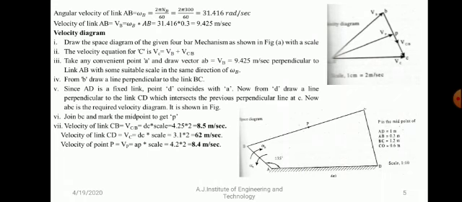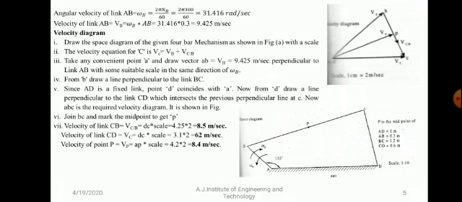From D, you draw a line perpendicular to link CD, that is nothing but VD. The perpendicular to link CD intersects the previous perpendicular line, the line coming from B perpendicular to link BC. That intersection point is called the C point. Join BC, join CD.